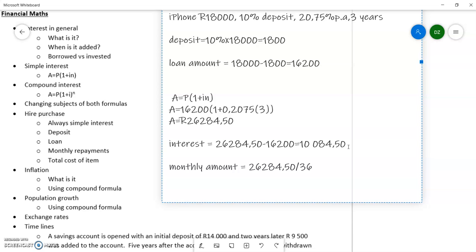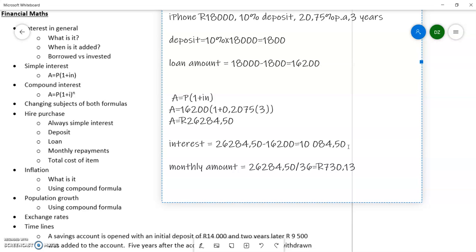On my calculator, and I get that I need to pay these people, the iPhone store people, 730 rand and 13 cents every month for 3 years, for 36 months.